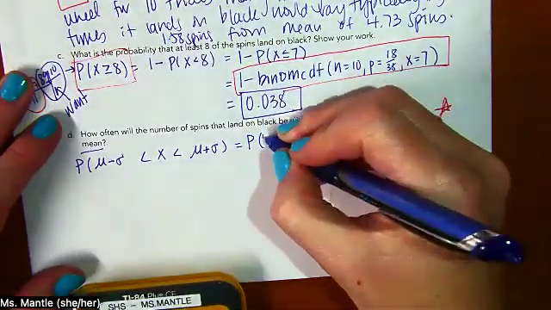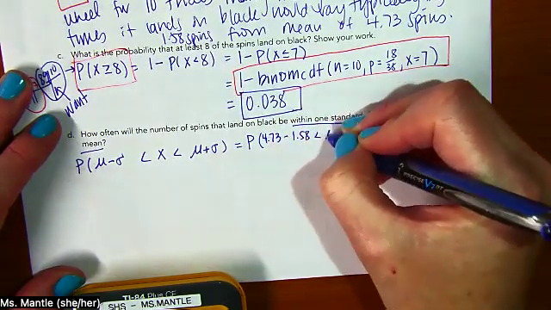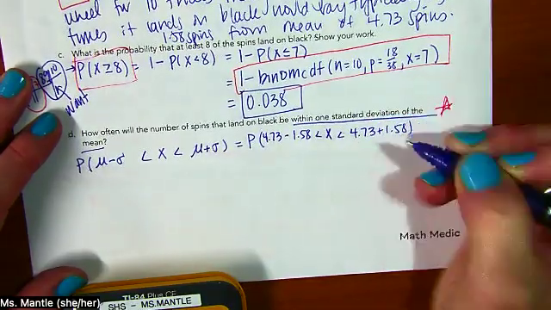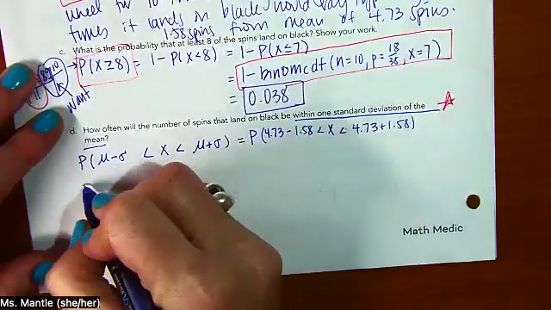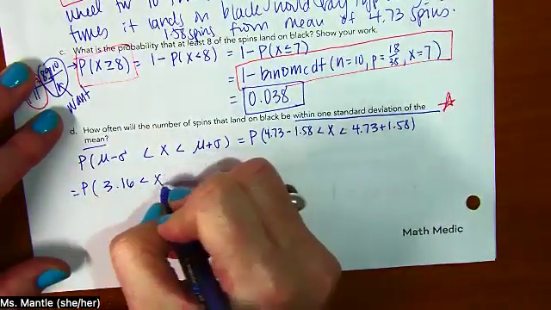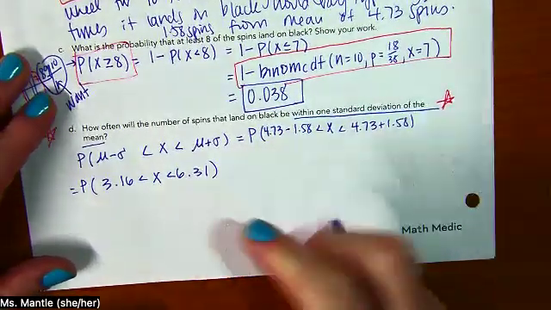The mean was 4.73 minus 1.58, and then 4.73 plus 1.58. When you calculate that, you get 3.16 and 6.31. But this doesn't make any sense.